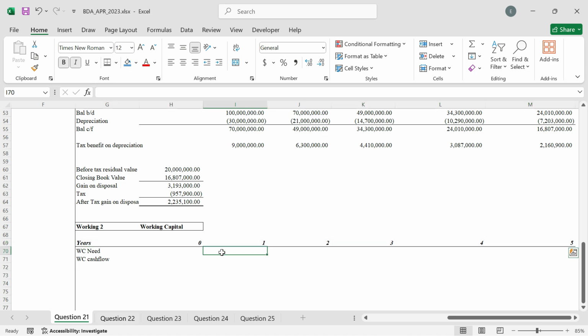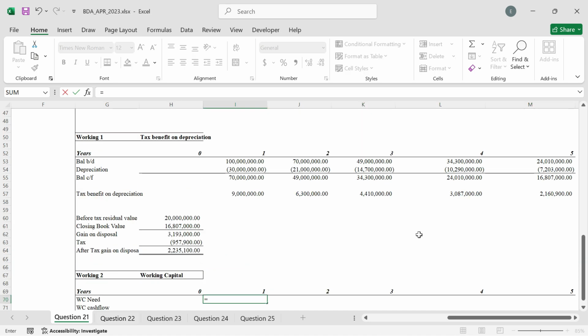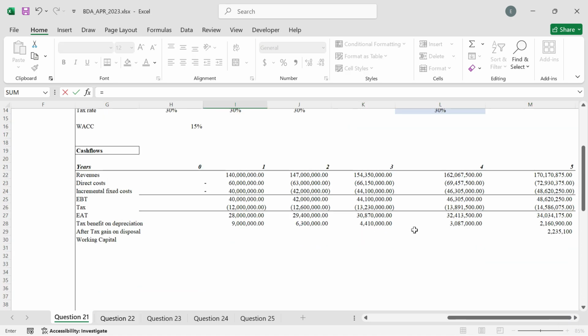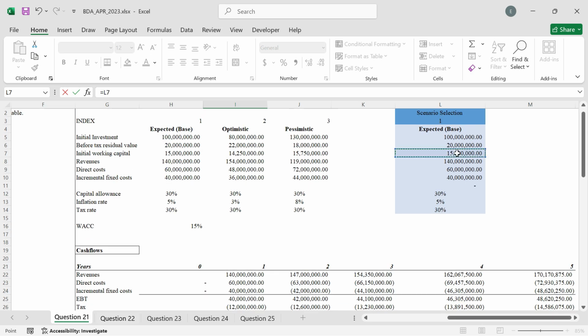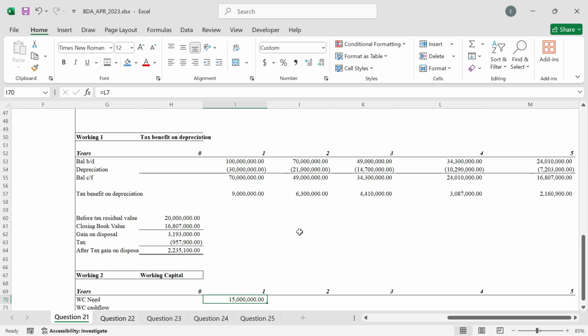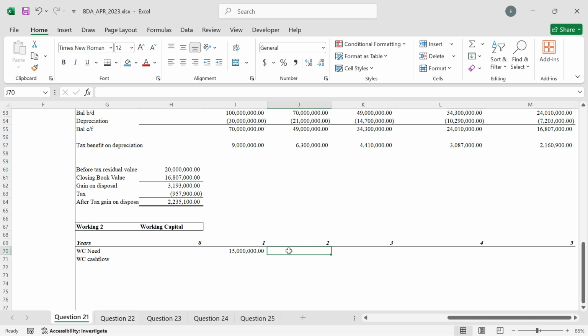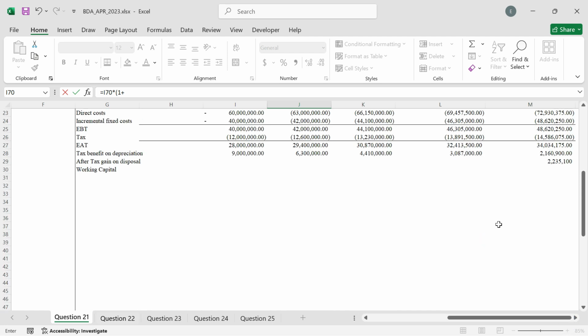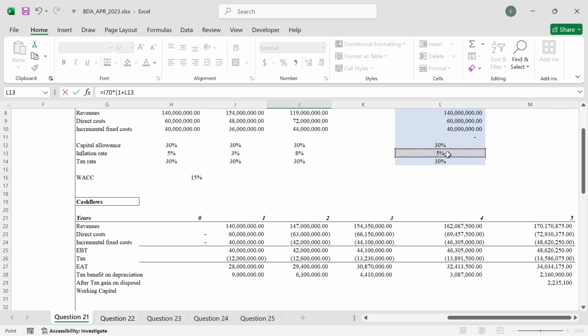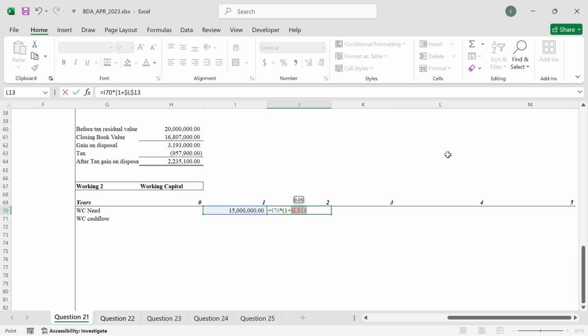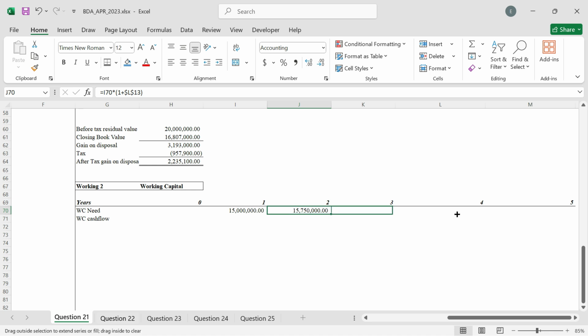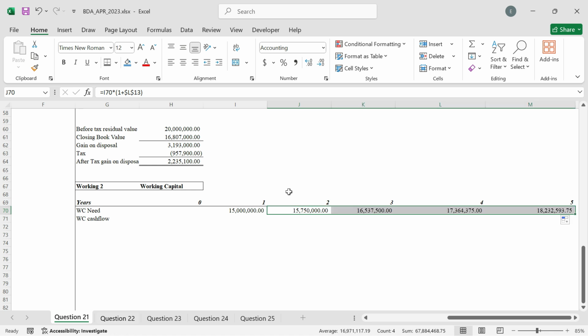So in my first year, I have a working capital requirement of 15 million into the initial working capital. This grows by the rate of inflation, so multiplied by 1 plus my rate of inflation, which is 5%, which I lock. Then I can copy this across. Then this is just the need.